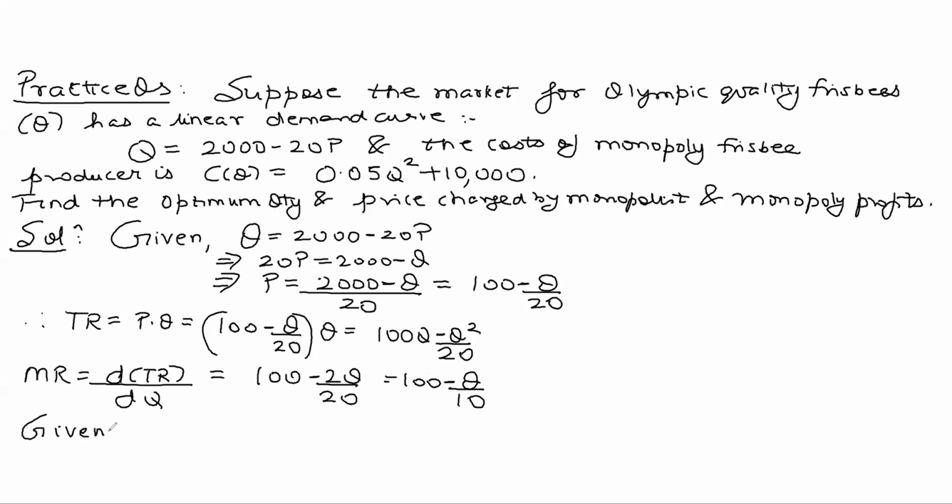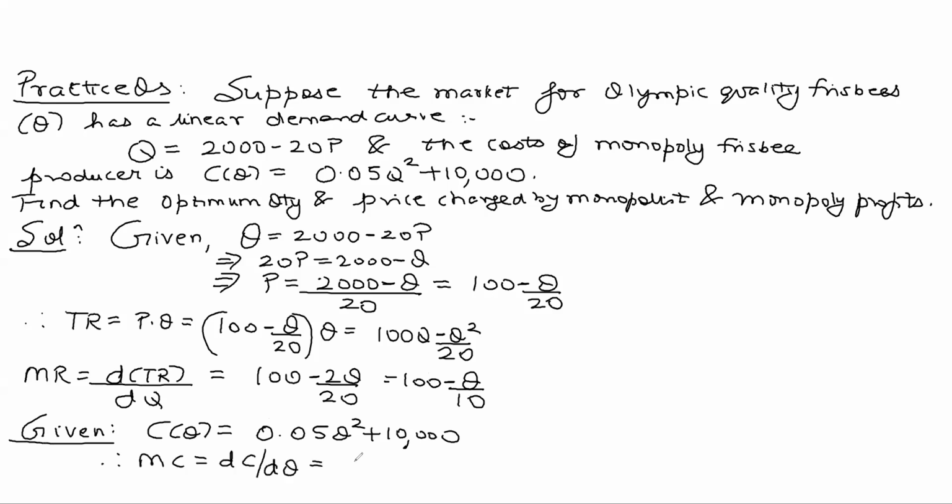In the question, my total cost function is 0.05Q² + 10,000. Therefore, my marginal cost will be dC/dQ, which is 0.05 times 2Q, which is nothing but 0.1Q.